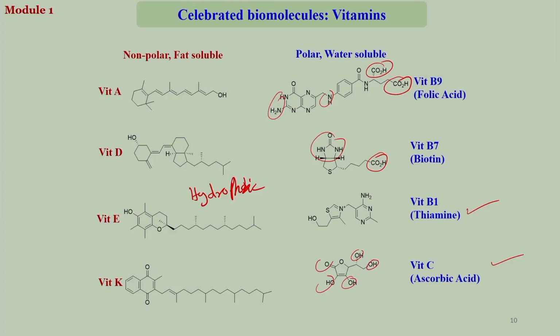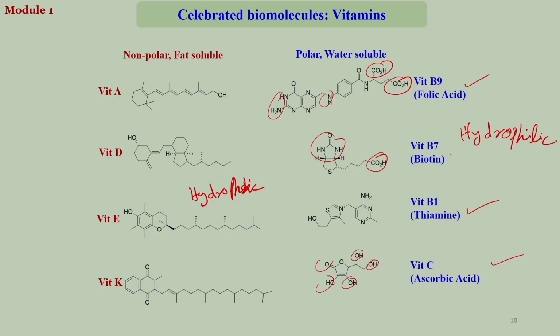So, all these on the right hand side are polar and hydrophilic in nature. Vitamin A, vitamin D, vitamin E and K are called non-polar fat soluble vitamins, and vitamin B9, B7, B1 and vitamin C are called the water soluble vitamins.